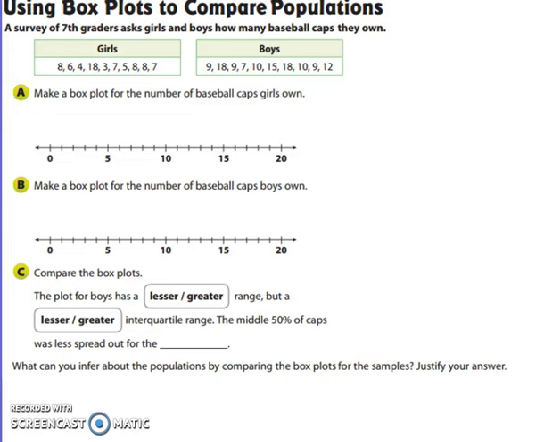So on the bottom, we have the girls and the boys. A survey of 7th graders asked girls and boys how many baseball caps they wore. So the first thing we need to do is arrange the girls from least to greatest and the boys from least to greatest.